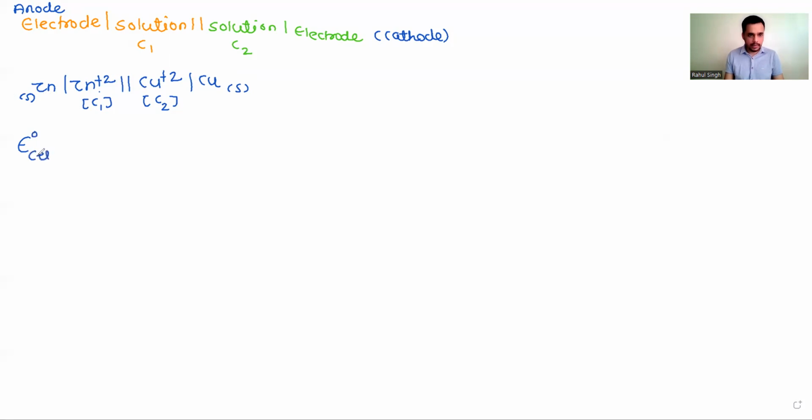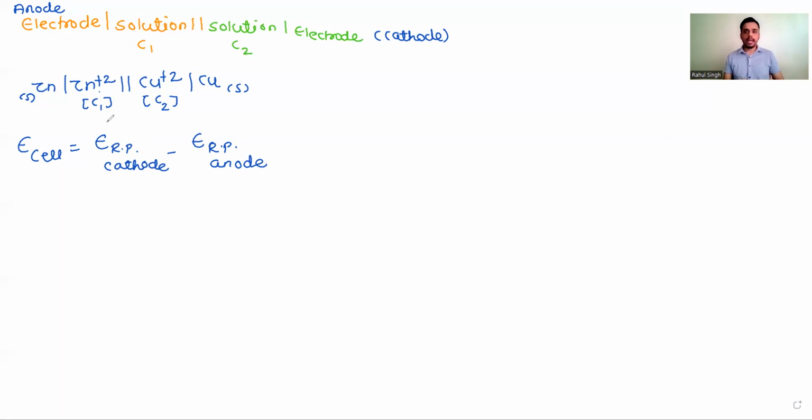E cell is nothing but the reduction potential of cathode minus the reduction potential of anode.